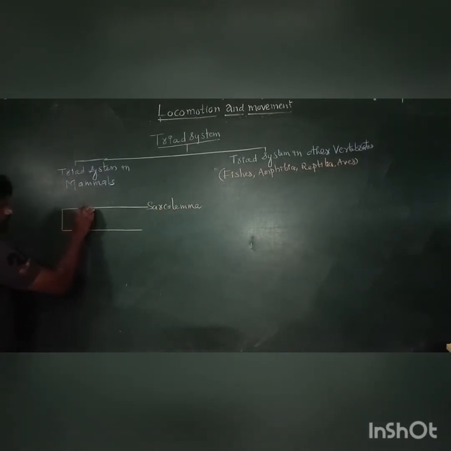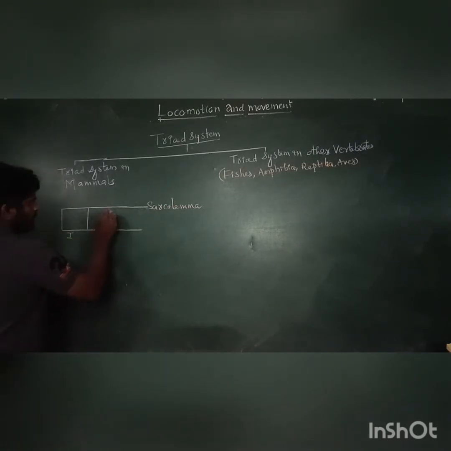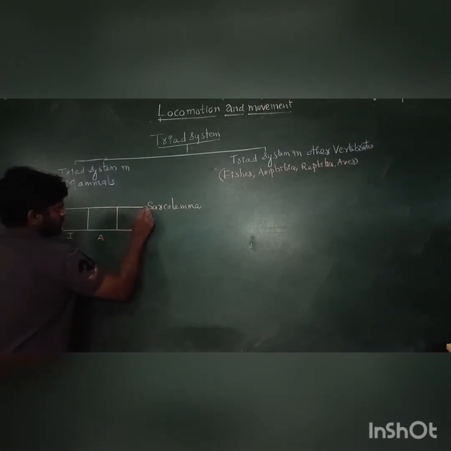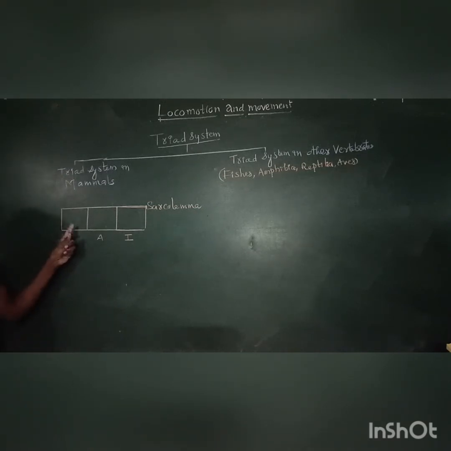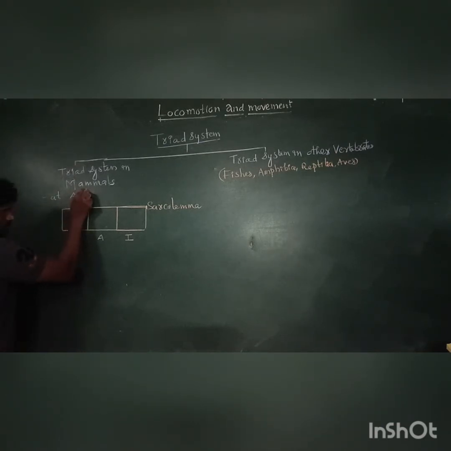Coming to the sarcomere, this is one Z line and this is another Z line. The distance between two regular Z lines is called the sarcomere. In mammals, the number of triad systems in one sarcomere is 2. This is a triad and this is a triad.